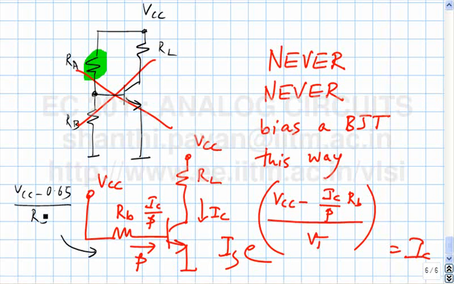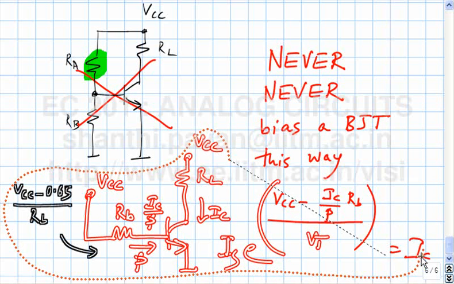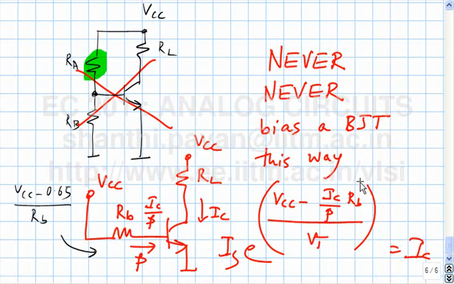That times beta should be the collector current. These are all ways of solving the problem. But no fellow in the right mind would ever bias a transistor this way, because the transistor is just so damn sensitive to VBE. And you must also realize that the beta of the transistor is a poorly controlled quantity.